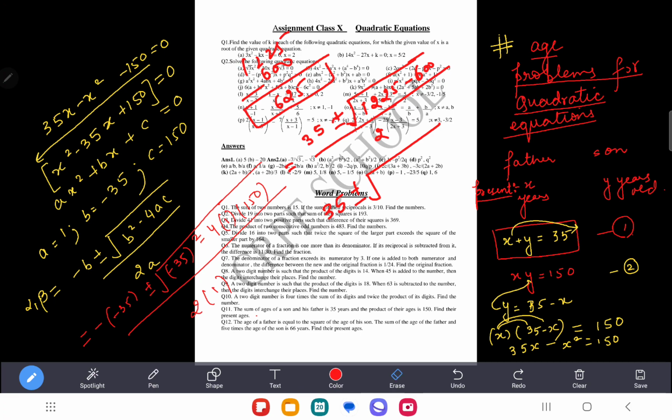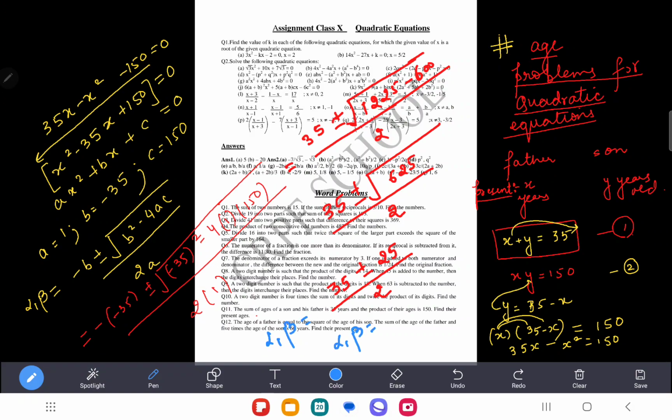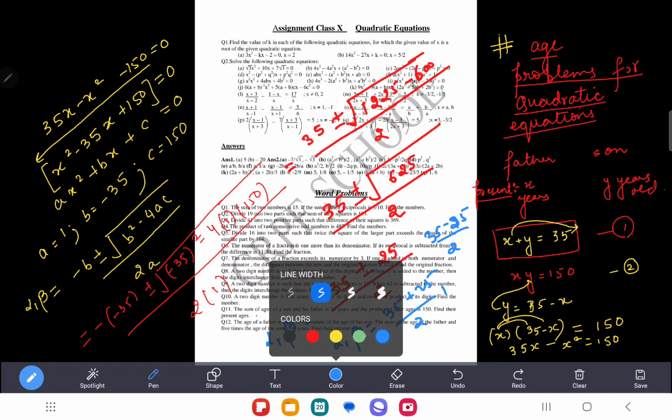You get 625, isn't it? So when you get 625, what exactly does that mean? Over 2. So 35 plus minus root 625, which is 25, because 625 is actually the square of 25. So alpha comma beta, that means the two values of x shall be what? 35 plus 25 by 2 or 35 minus 25 by 2, isn't it?